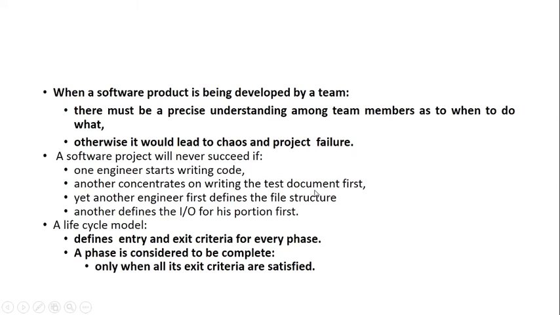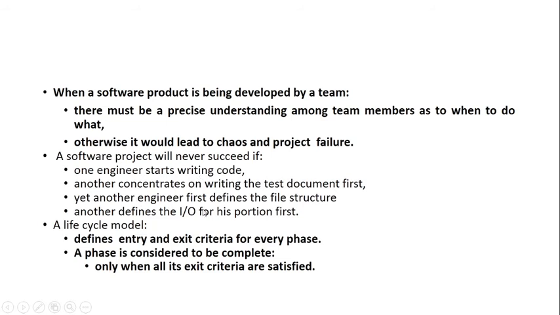Testing, we assume, is after the coding phase. Once you code it, then you go for testing. But actually, the testing starts with the very first phase. When you are preparing an SRS document, you prepare the acceptance criteria, or the test cases are identified or test plans are prepared during the requirement phase only, right?